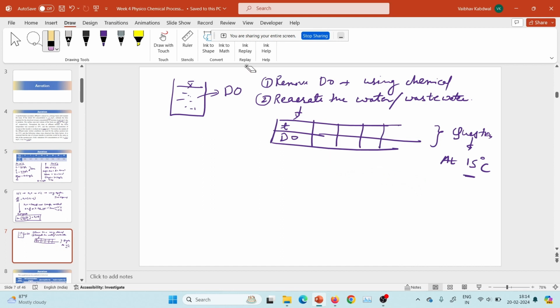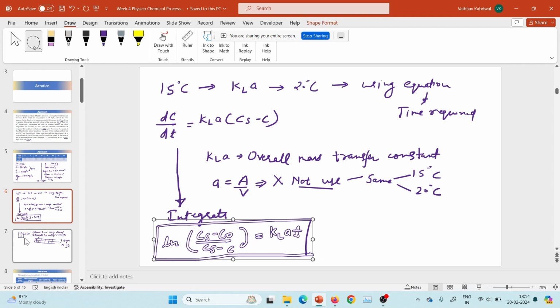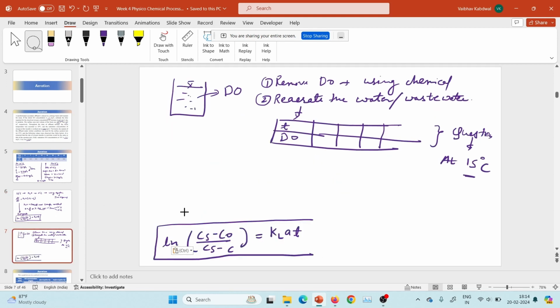Let's start this. So what we will do, we will plot using this equation. Using this equation, we know the Cs at 15 degrees Celsius. So at t equals 0, DO should be 0, because we have removed all the DO.